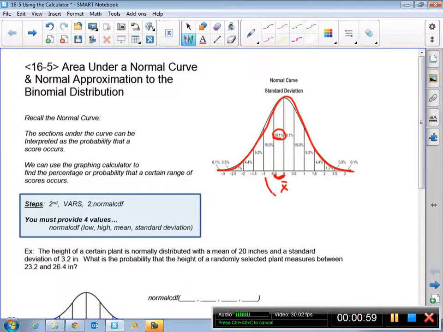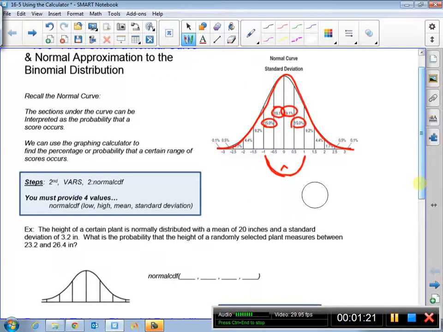If I looked at the probability of falling within a standard deviation of the mean, then of course we'd be adding up these four percentages, and we know already that that's 68.2% probability, which is 0.682.